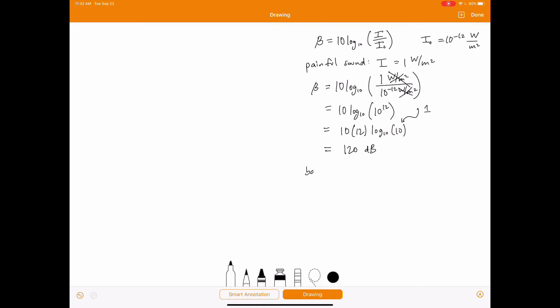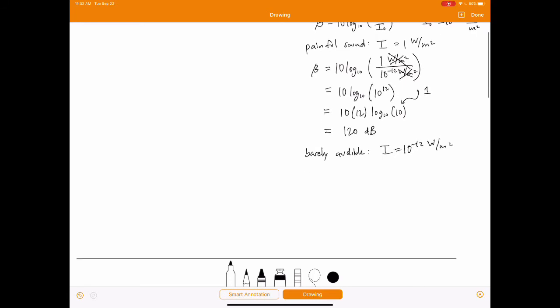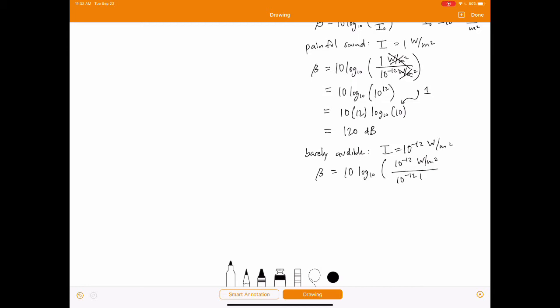And then a barely audible sound would be I equals 10 to the minus 12 watts per square meter, which corresponds to beta, the sound level, equals 10 times log base 10 of 10 to the minus 12 watts per square meter over 10 to the minus 12 watts per square meter.